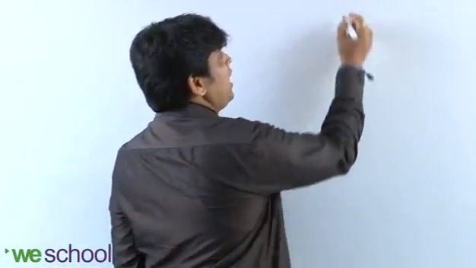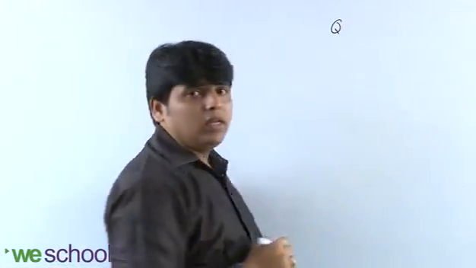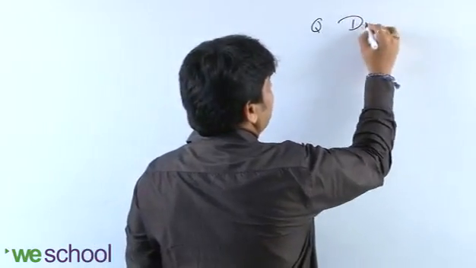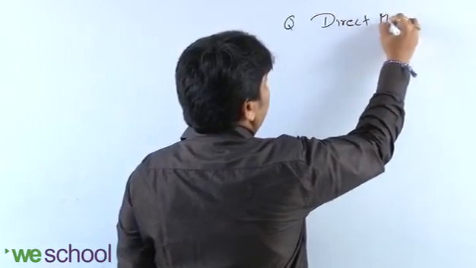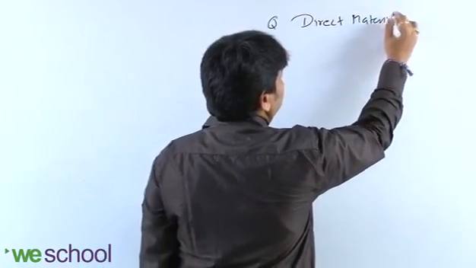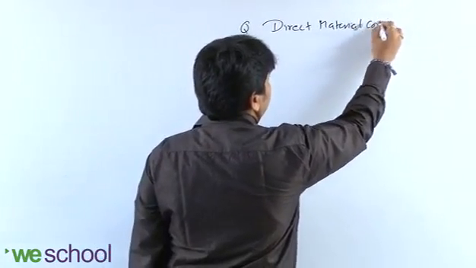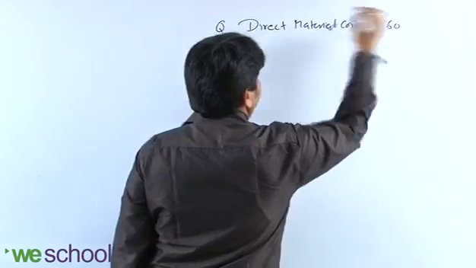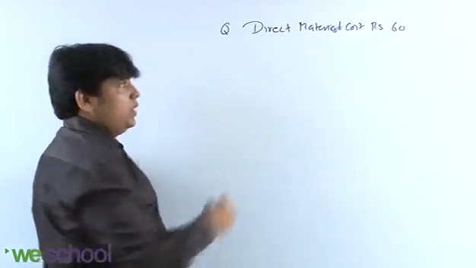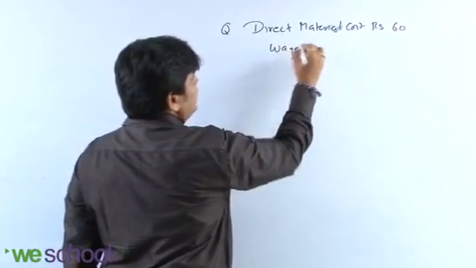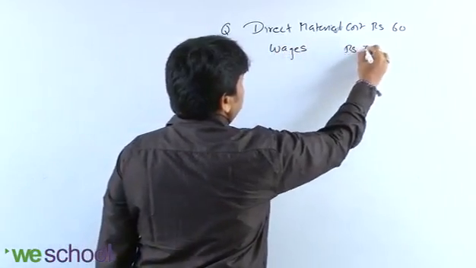So let us have one example of this. Here, direct material cost is rupees 60. Wages is rupees 70.